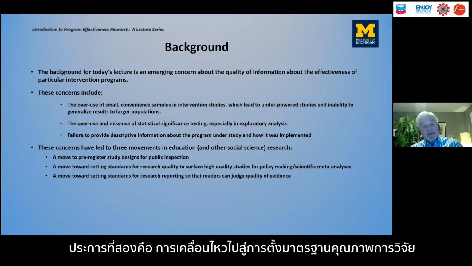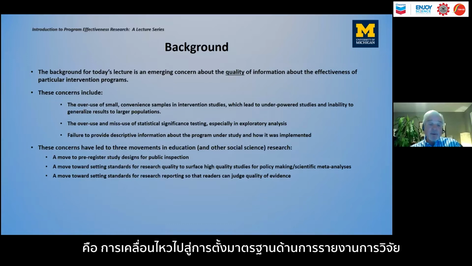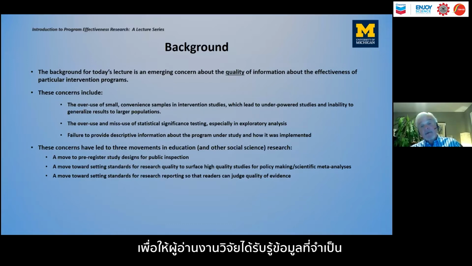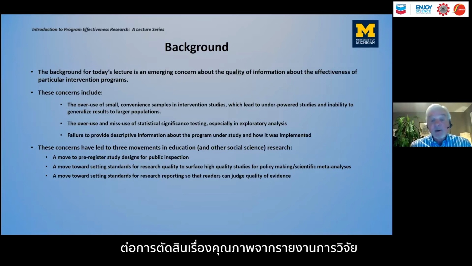The second is a move to setting standards of research quality so that when people read studies, they will know which studies are high quality and which are not. And the third is a move towards setting standards for research reporting so that readers can surface the information that's needed to make a judgment about quality from a research report.